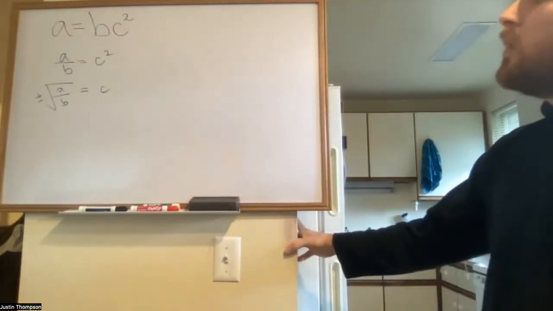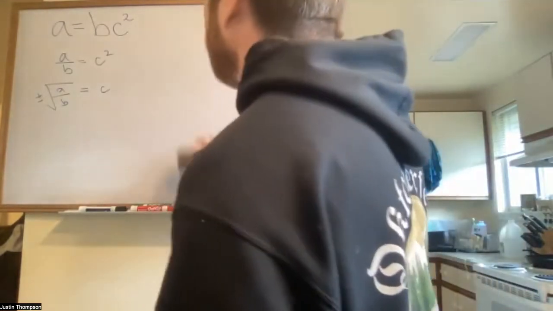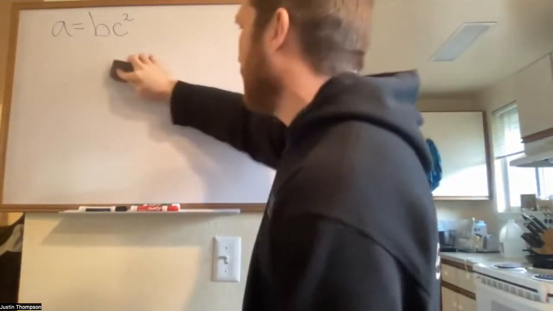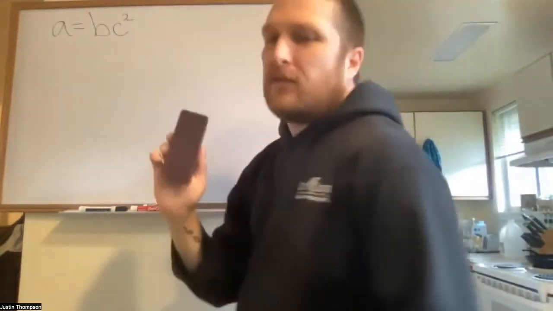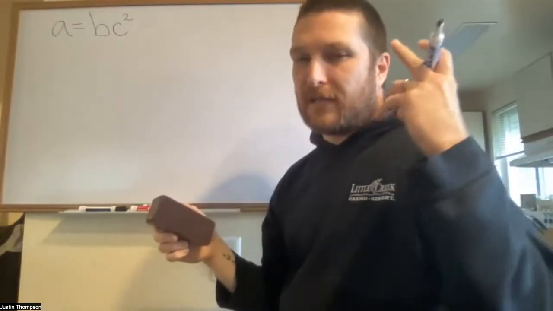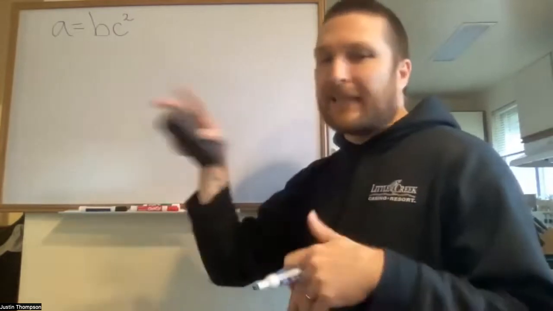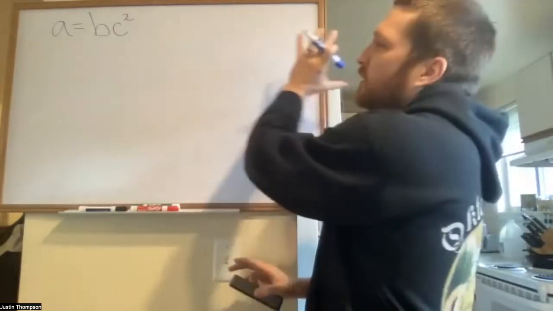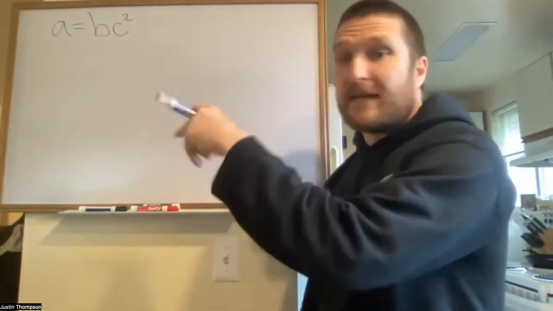Okay, so let's change this up just a little bit. Now, you notice I used a, b, and c because I didn't want us to get in the habit of thinking x is the thing we're always solving for. It could be any letter. You could have a big jumble of letters like we're about to have, and I could tell you to solve for any one of them.